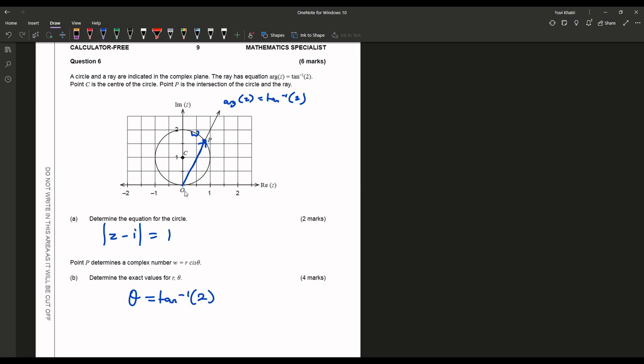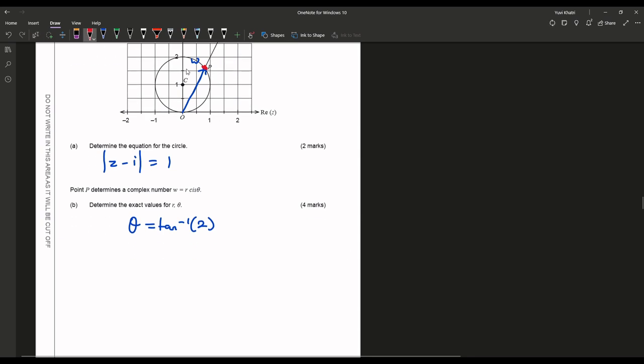Now to get r, it's going to be the length of this, right? That's r. And to get that, let's just find the intersection between the line and the circle. So the circle has equation x squared plus (y minus 1) squared equals 1. And the line has the equation y equals 2x. Let's find the intersection between them. So we'll sub this into this. So we get x squared plus (2x minus 1) squared equals 1.